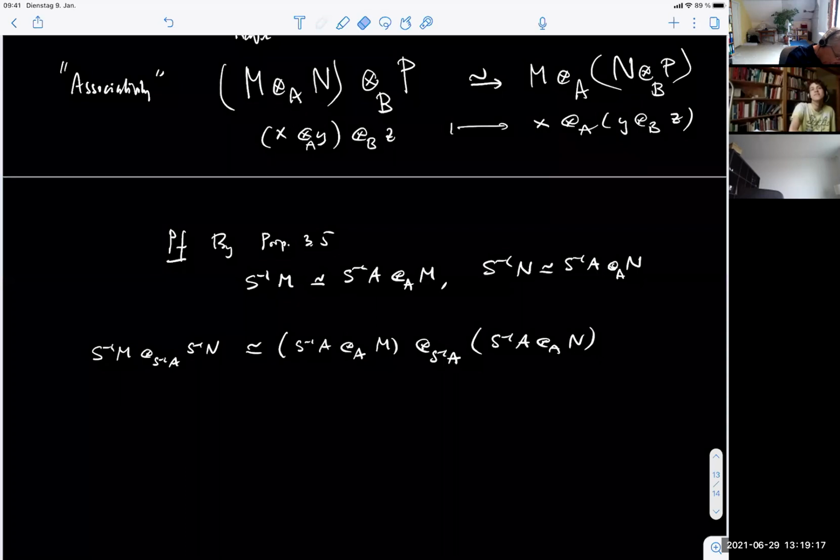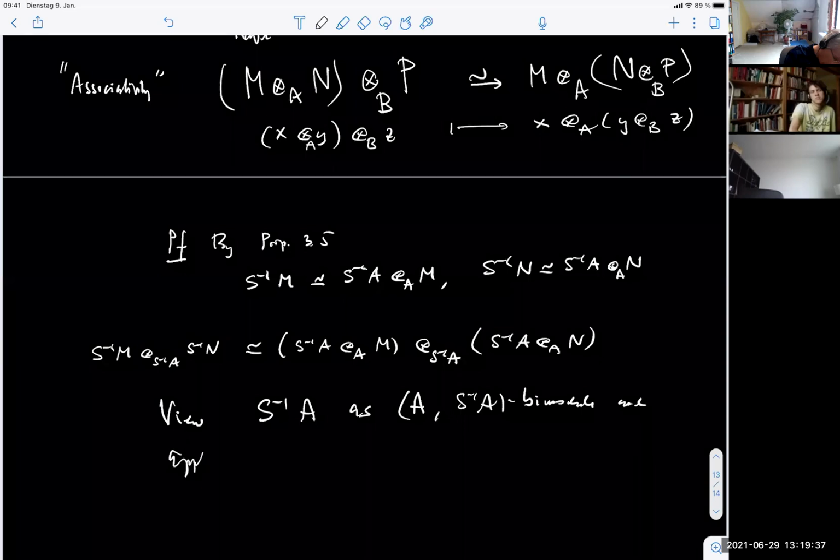So now I want to apply this associativity. So I view this thing as a B module. On the one hand, I have A, and on the other hand, I have this B module. And apply the above associativity.